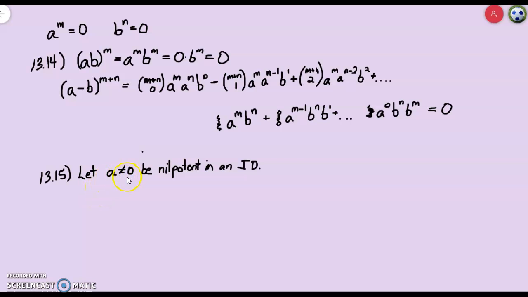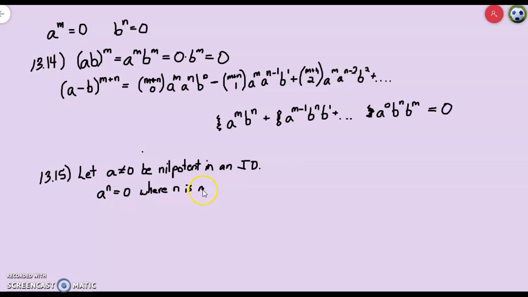So a is not 0, but it is nilpotent, which means that there's some positive integer n such that this is true right here. n certainly can't be 1 because we know that a is not equal to 0. So n is at least 2 here. We're going to say another thing too. We're going to let n be the minimal positive integer.